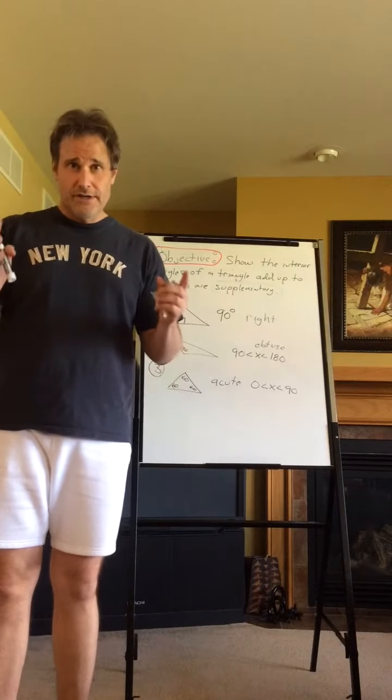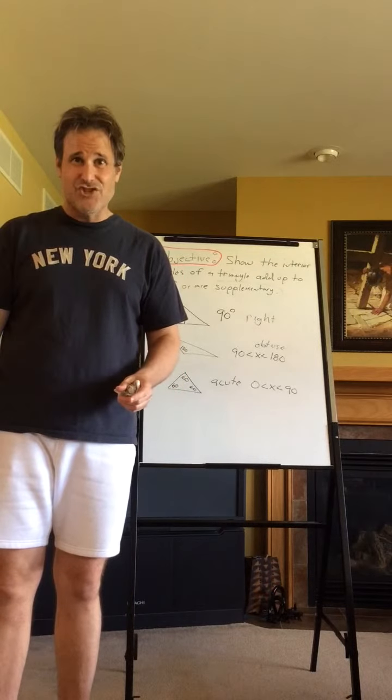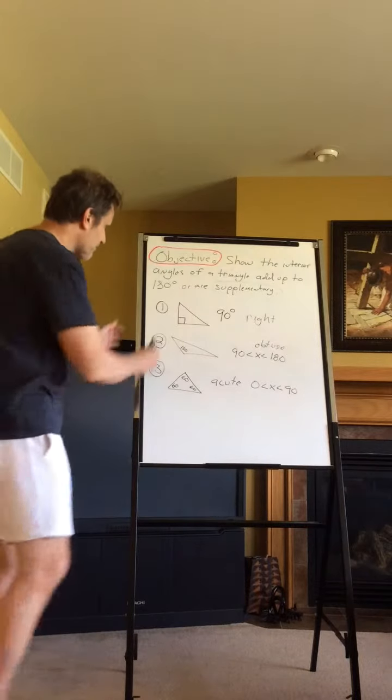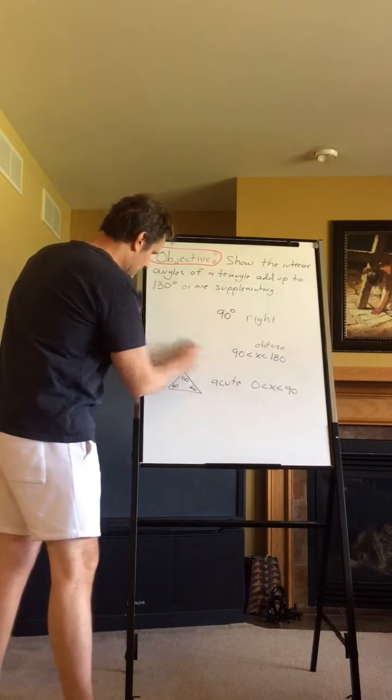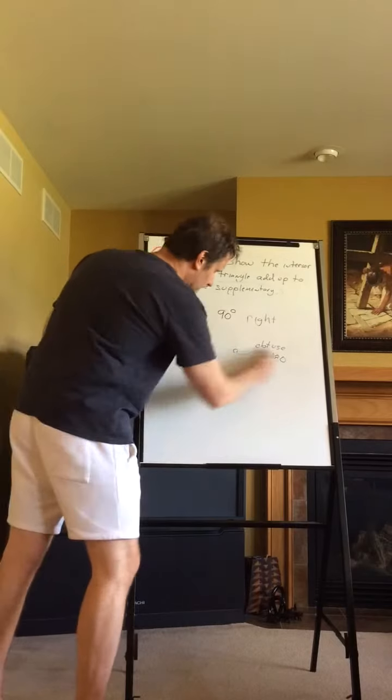Your third step of this 1 through 5 worksheet is drawing a straight angle. So take your ruler.